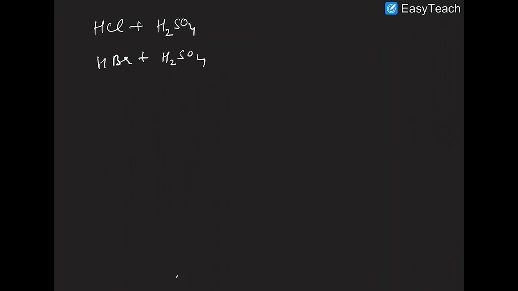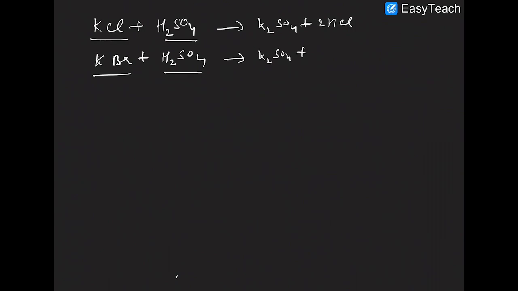Here KCl in H2SO4 and KBr in H2SO4 can also be used, because when they react they will give you K2SO4 and the formation of HCl and K2SO4 plus the formation of 2HBr.